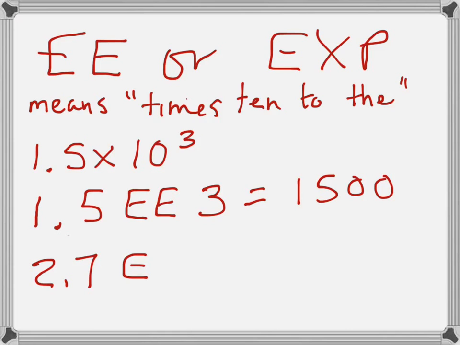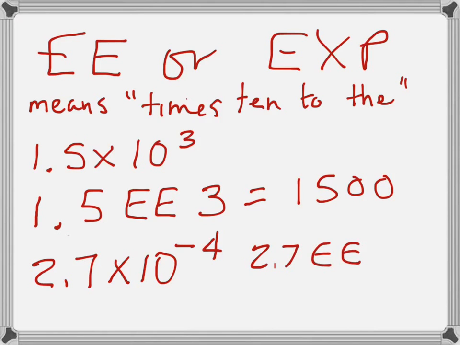I forgot to put the original number down. We're doing 2.7 times 10 to the minus 4. Okay, so that's going to be 2.7 EE, and then you should have a change sign button.